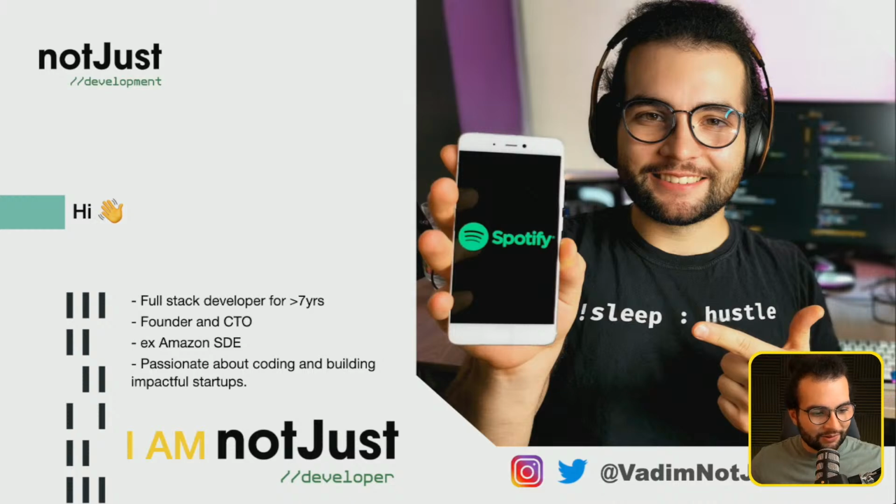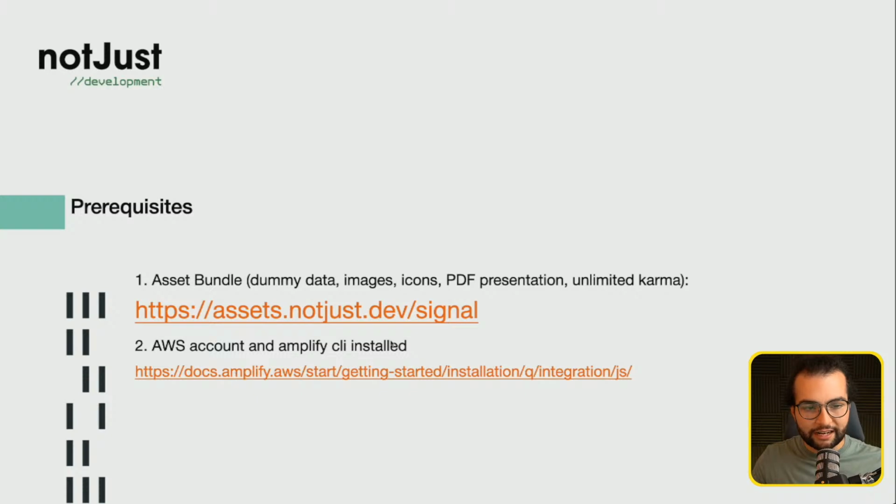All right, so what else? Prerequisites. If you want to follow along, you can download the assets from this URL. You already know if you have followed our videos. I will include the updated bundle with this PDF and so on, so you can download it from here. Also AWS account to host our backend.